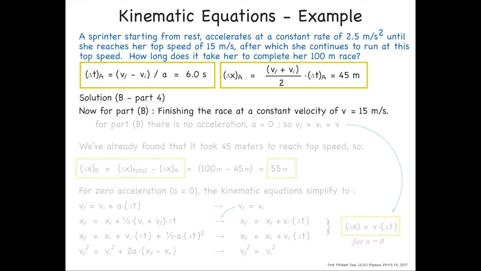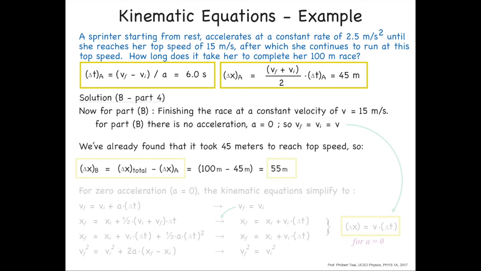So now we can solve part B. To finish the race, she's going to be running at her top speed at a constant velocity of 15 meters per second. And because she's at a constant velocity, by definition, there's no acceleration. So V final is equal to V initial. So we can just call that V. We can drop the subscripts because all the V's are the same for the second part of the race, because she's at constant speed.